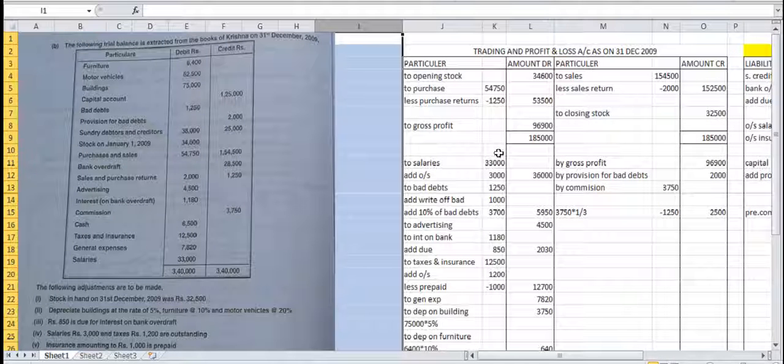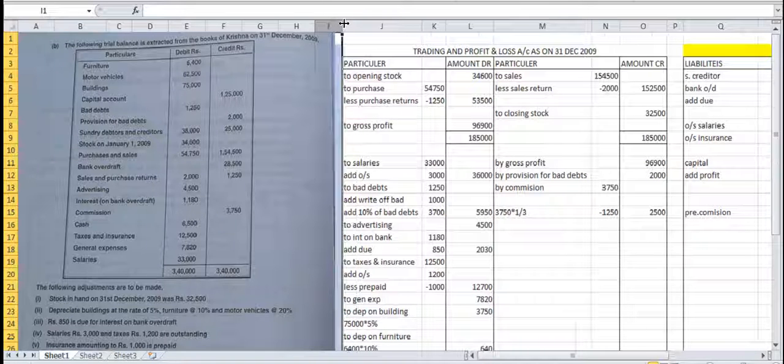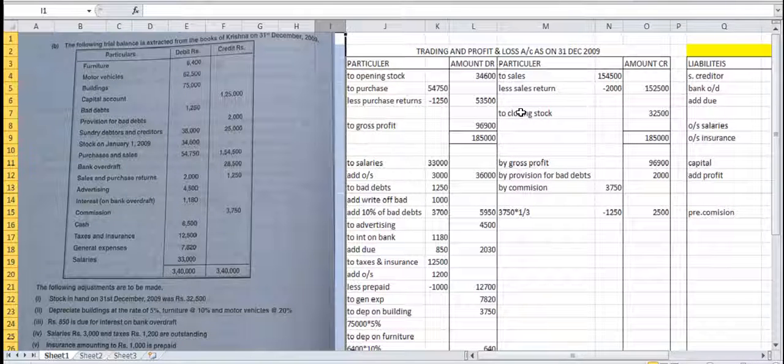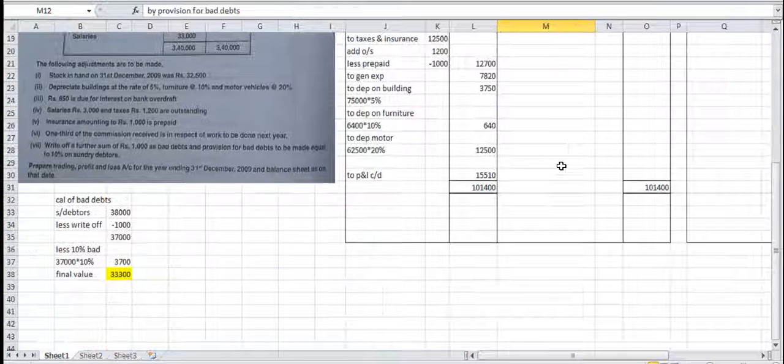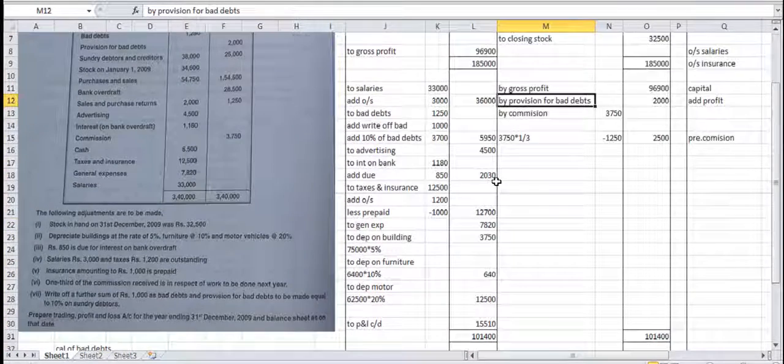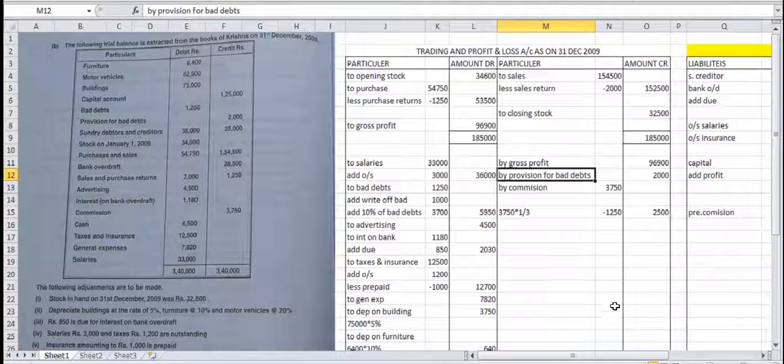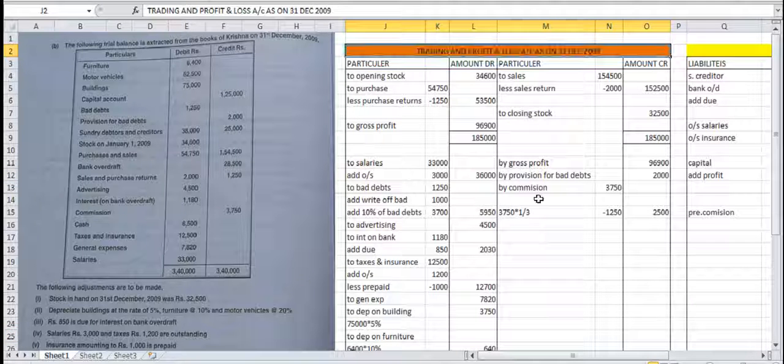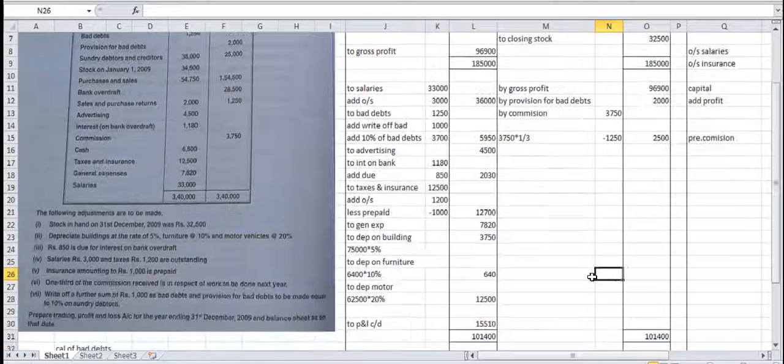We can see here these are profit and loss. These are trading and profit and loss, and that is the balance sheet for a final account.